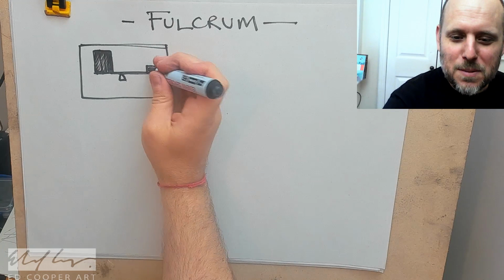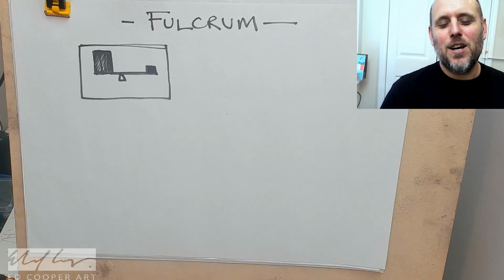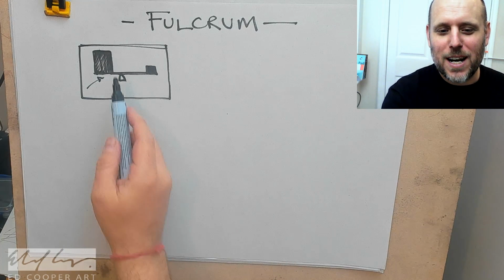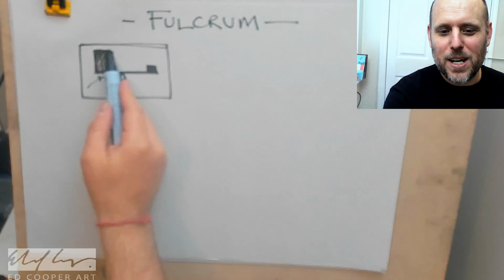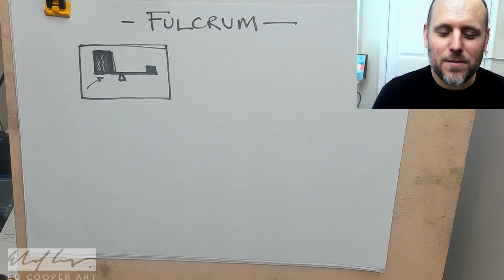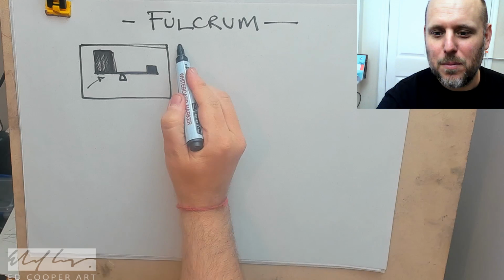But what this means in terms of painting is you can balance large masses, which are relatively central in your painting, with smaller masses further off. Okay. So let's look at an example of this.